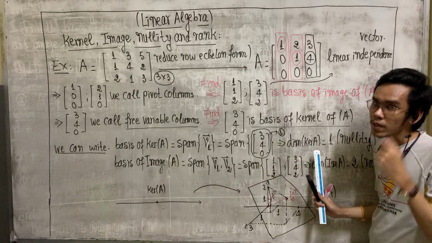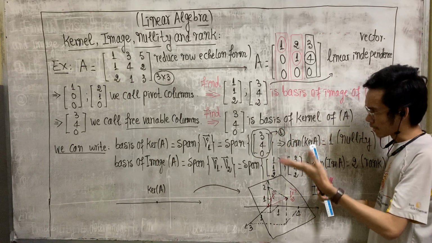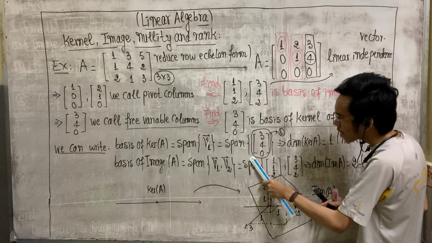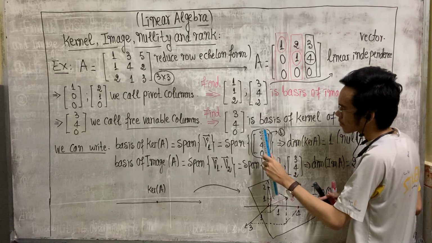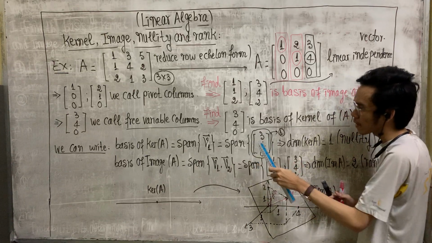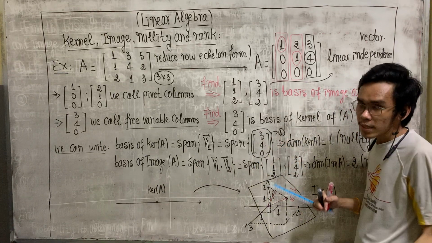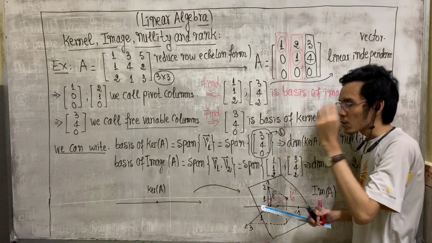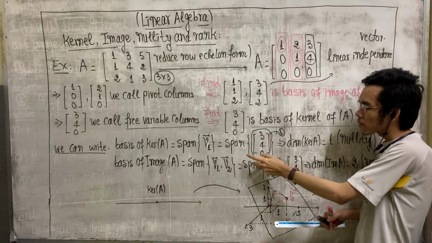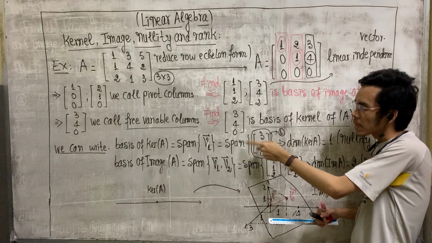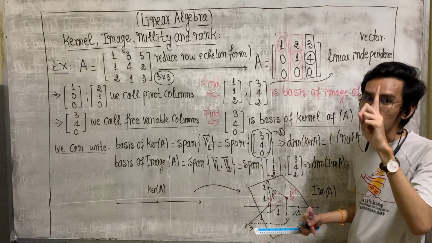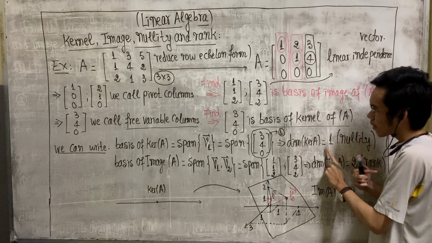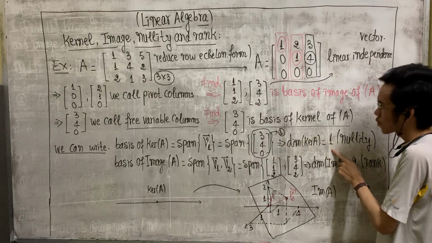The dimension of the kernel means that you have to count the number of linear independent vectors in the basis. The basis has only one vector, so the dimension of the kernel of the matrix A is equal to 1.